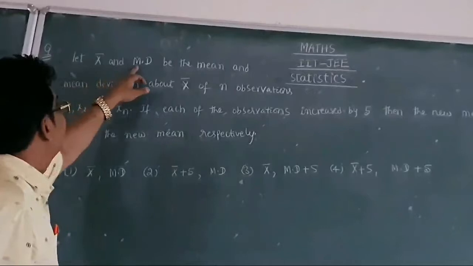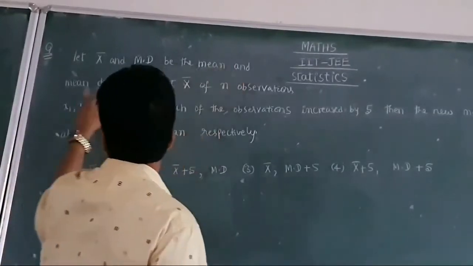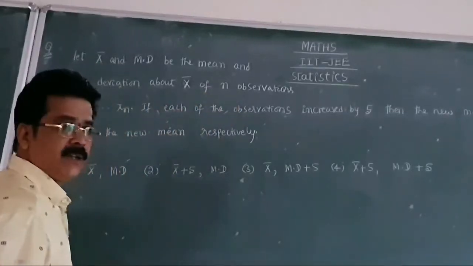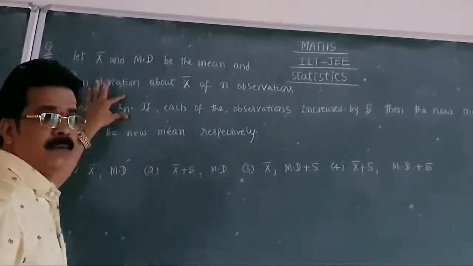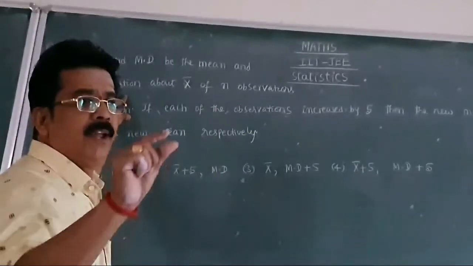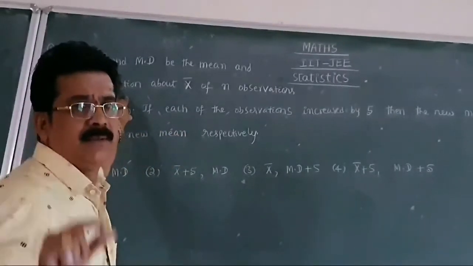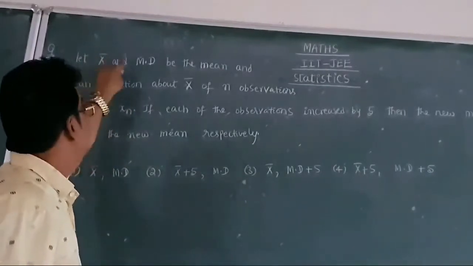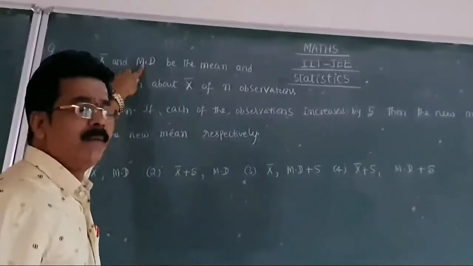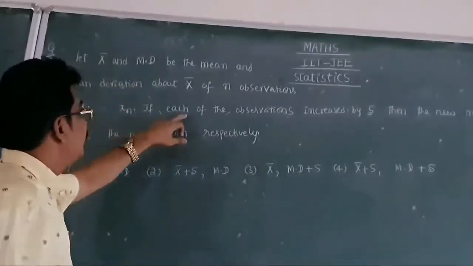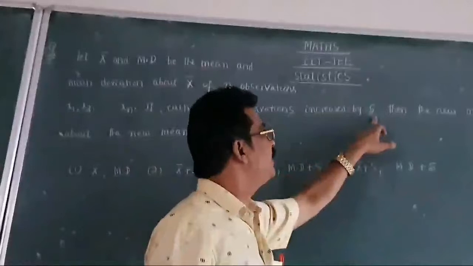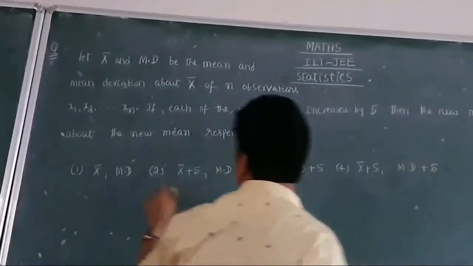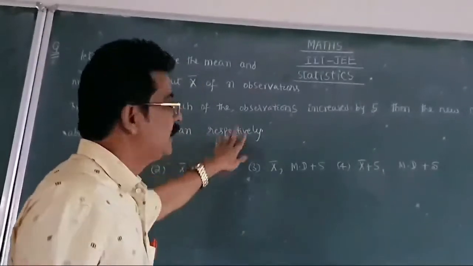Let x bar and MD be the mean and mean deviation about x bar of n observations x1, x2, and so on, xn. N observations are given, x1, x2, and so on, xn. Its mean is x bar and mean deviation is denoted by MD, right? Next, if each of the observations is increased by 5, then find the new mean and mean deviation about the new mean respectively.